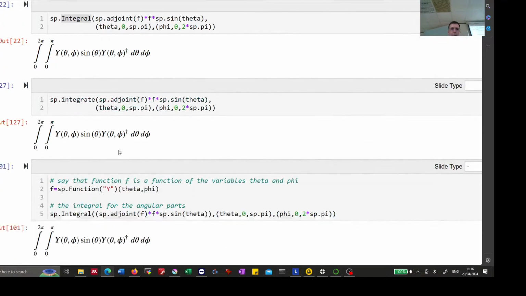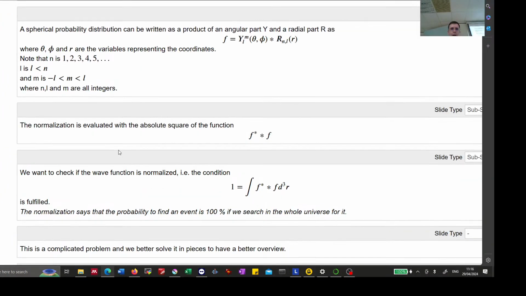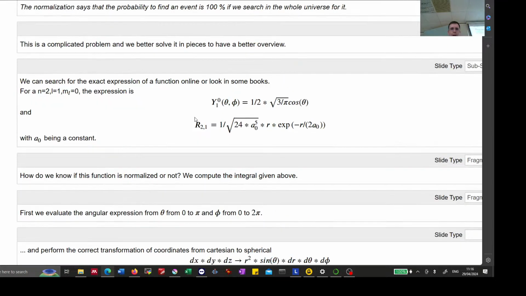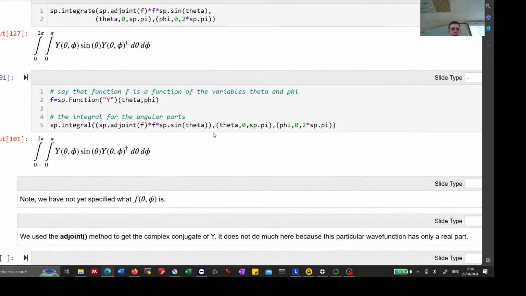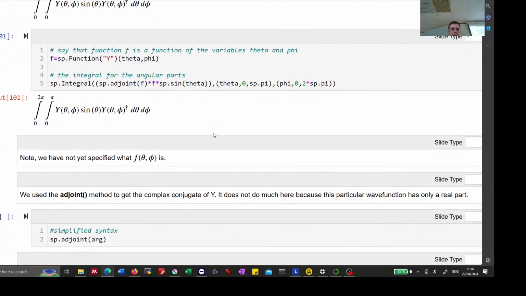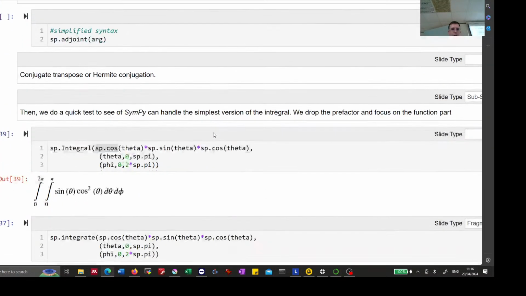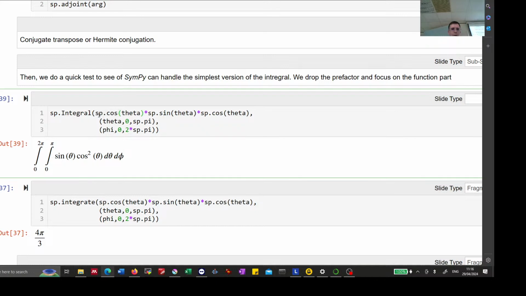If you scroll up, our y function only depends on the cosine with a few prefactors, you see? So these are just constant numbers, but the actual function is the cosine of an angle.